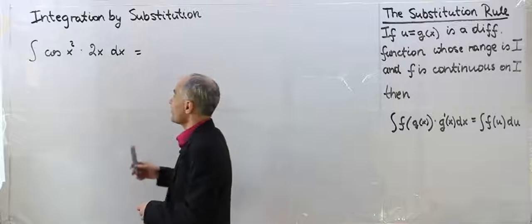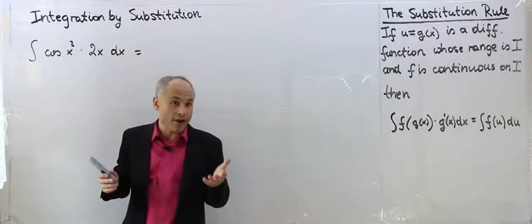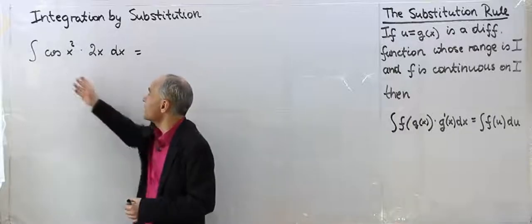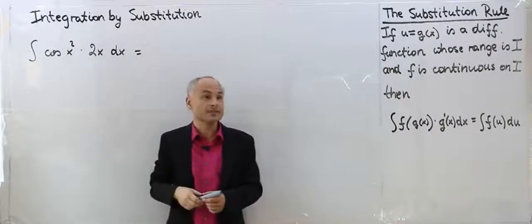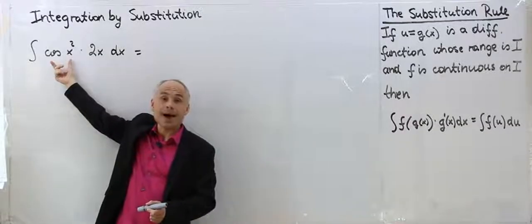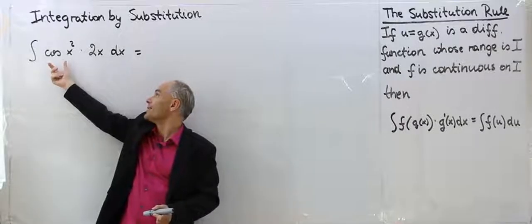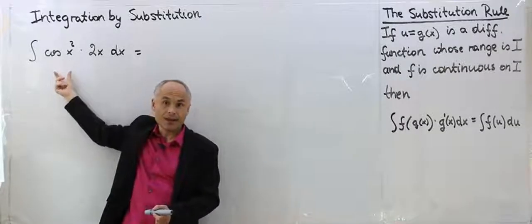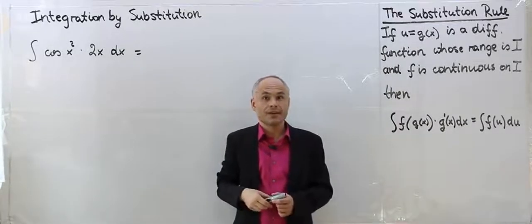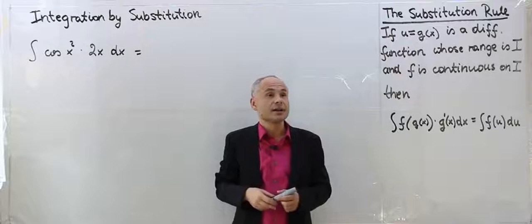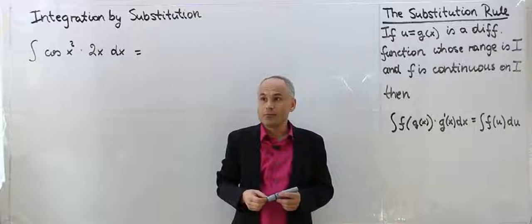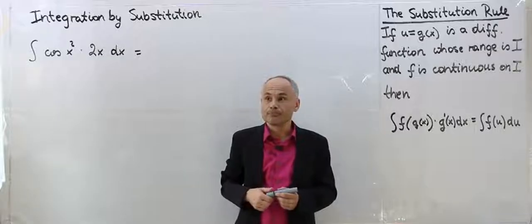In other words, you would like to introduce a new variable, variable u, so that the resulting integral will be easier to calculate. You look for a composite function as part of the integrand, and then you try to see what's the inner function. And that inner function typically will be given by our new variable u.